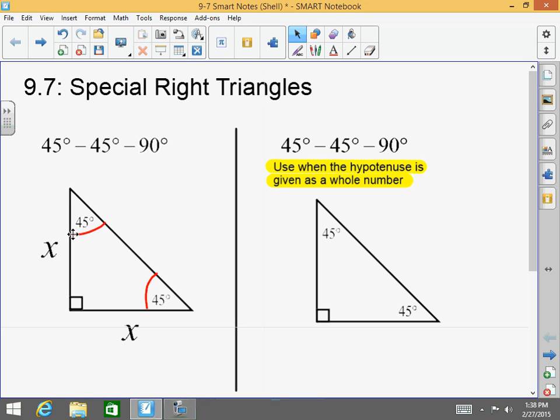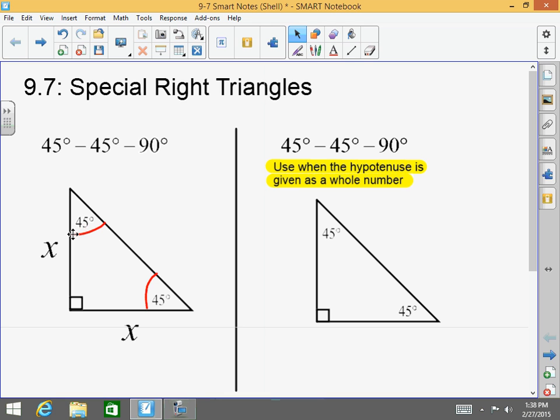Now, if we did the Pythagorean theorem, which we could, you could find the value of the hypotenuse. But that gets very tedious, okay? When you have a 45, 45, 90, there's a specific way that the hypotenuse is always going to end up. And I mean always, guys.